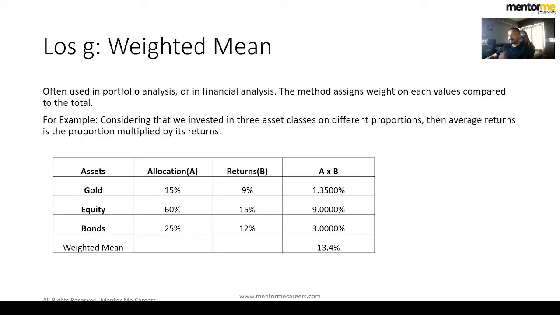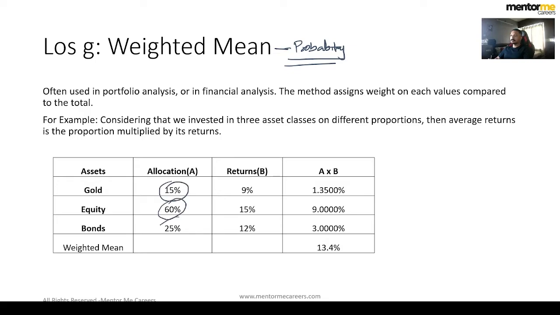Weighted mean. This concept in the future readings will also get used in probability, so nothing much to worry about here. All you're trying to say is that instead of just calculating 9 plus 15 plus 12, which is what you usually do in an arithmetic mean, what if that 9, 15 and 12 is based on some proportion in the background.